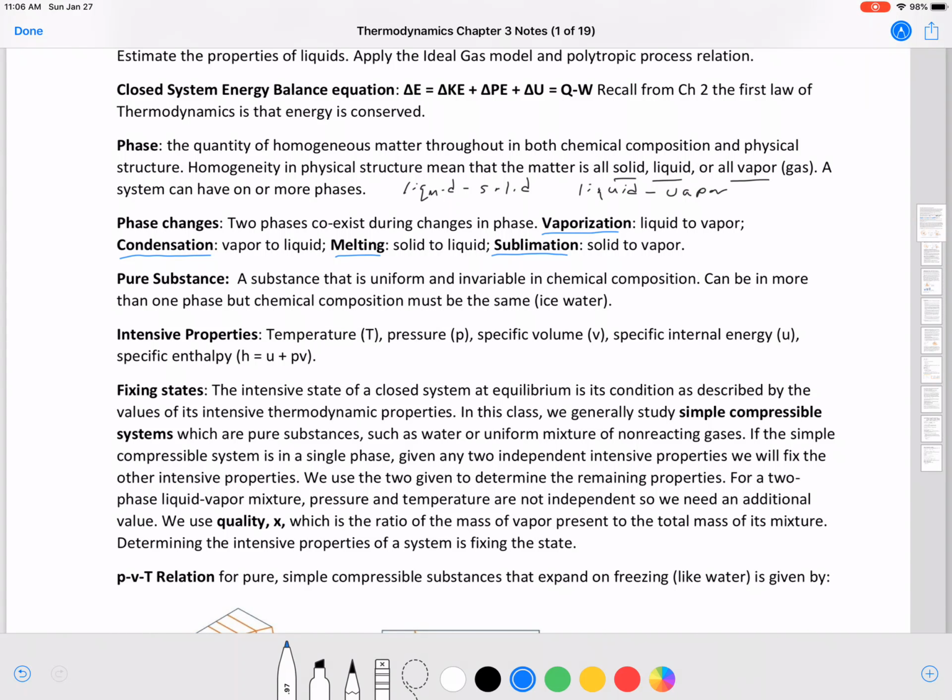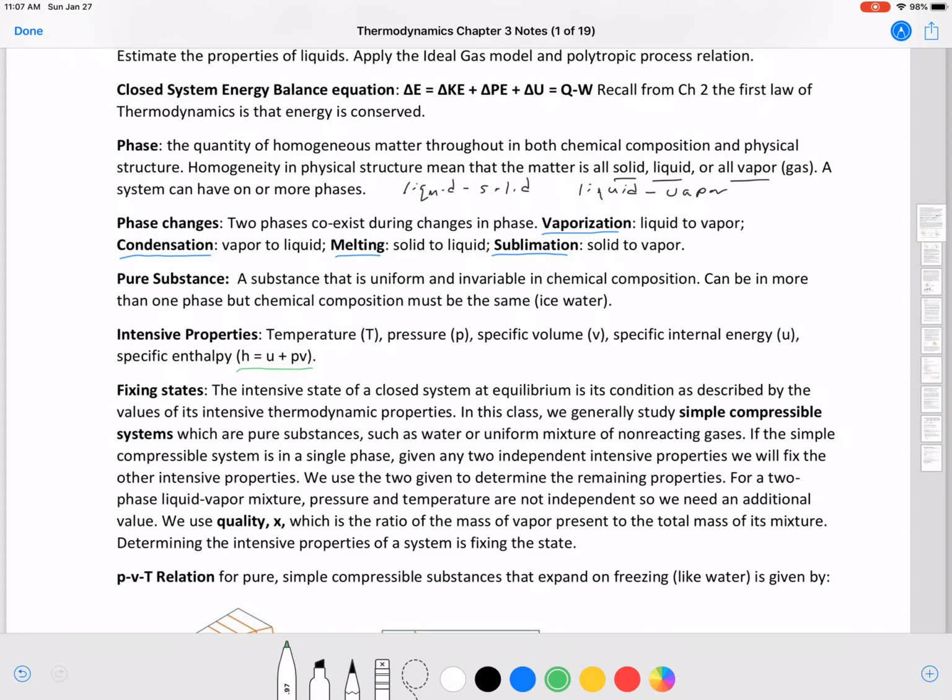We talk a lot about intensive properties in this chapter. We have temperature, pressure, specific volume, specific internal energy, and specific enthalpy. We'll talk a little more about enthalpy later, but enthalpy is the combination of internal energy plus the pressure multiplied by specific volume.